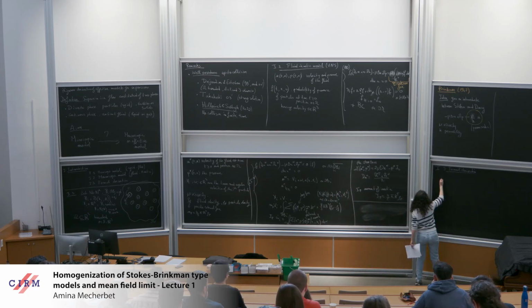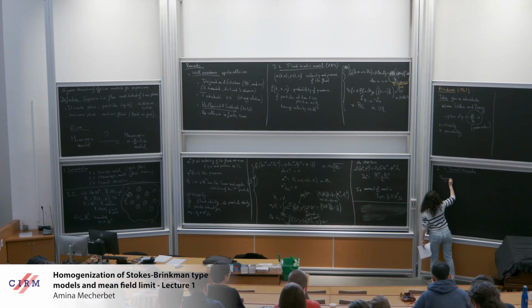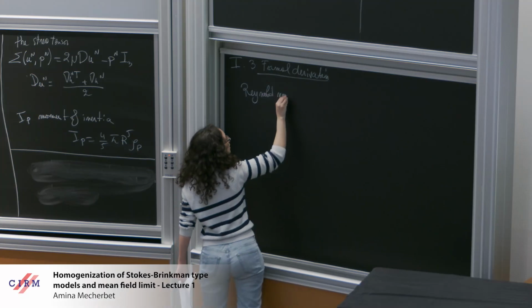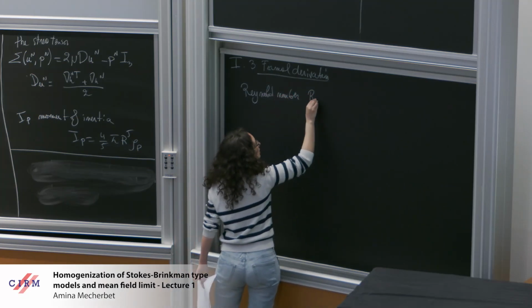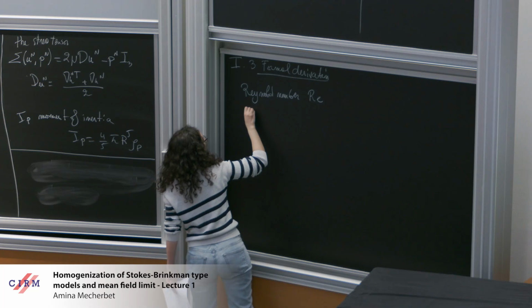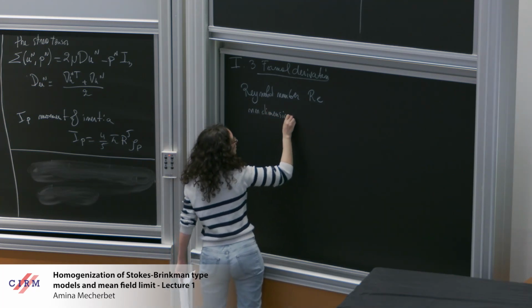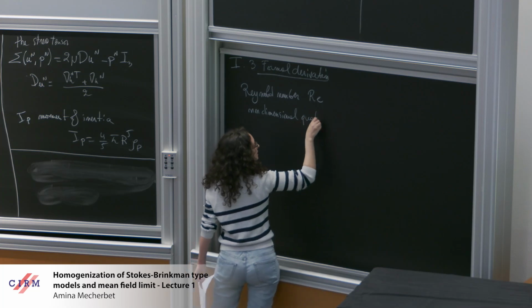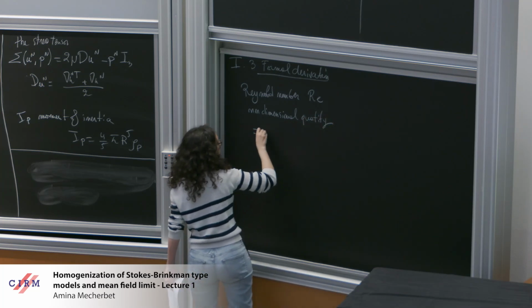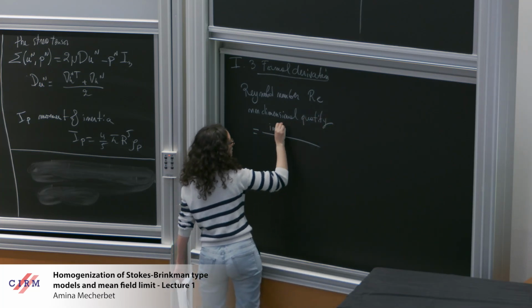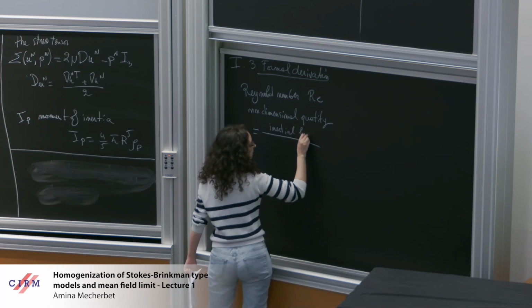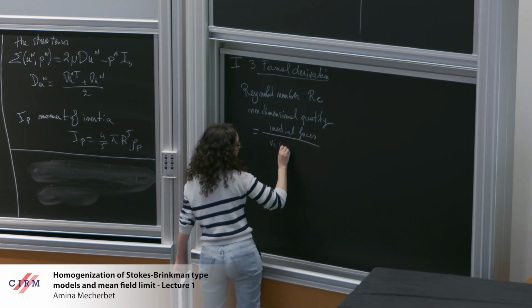The Reynolds number, for those who are not familiar, is a non-dimensional quantity corresponding to the ratio between inertial forces and viscous forces.